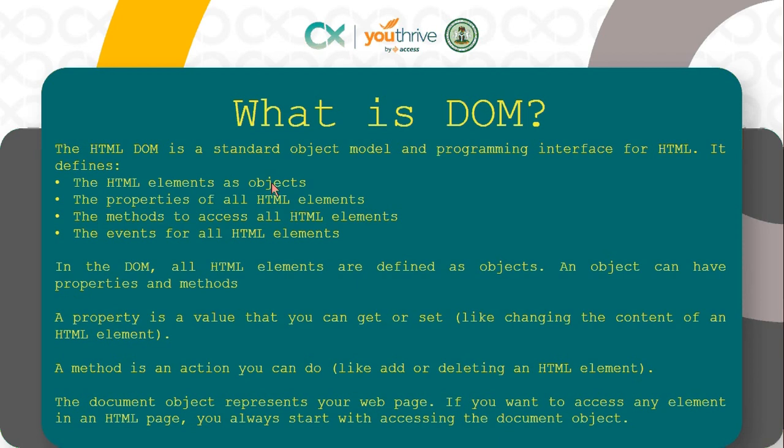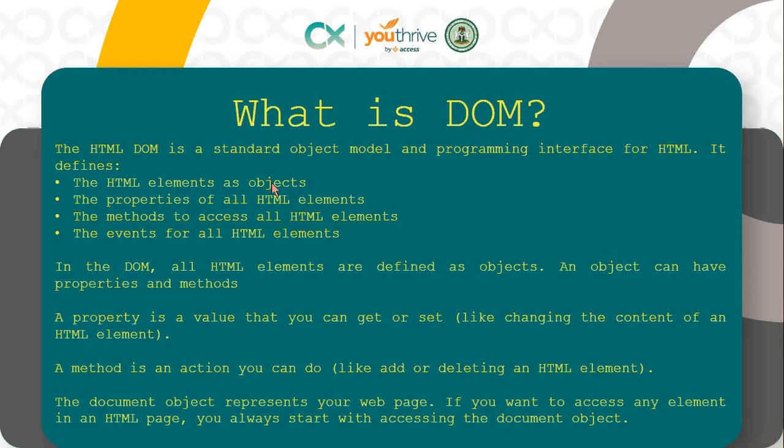An object can have properties and methods. So a property is a value that you can get or set, like changing the content of an HTML element. Then a method is an action you can do, like add or delete a HTML element. So the document object represents your web page.